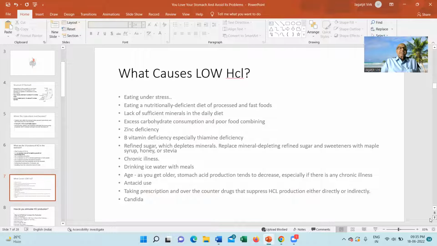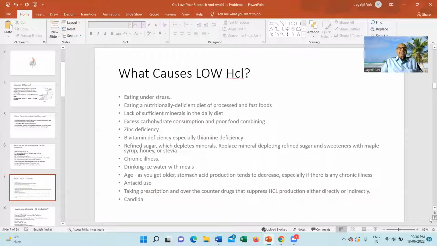Refined sugar, which depletes minerals. Replace mineral-depleting refined sugar and sweeteners with maple syrup, honey, or stevia. Chronic illnesses, drinking ice water with meals. Age: as you get older, stomach acid production tends to decrease, especially if there is any chronic illness along with it.